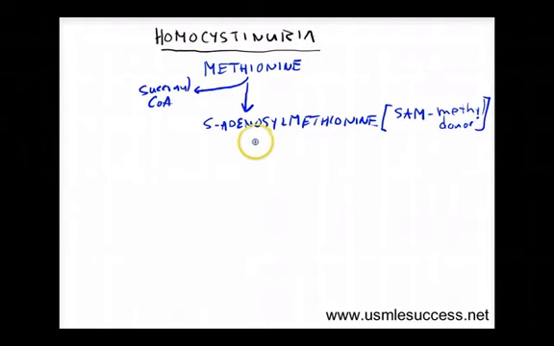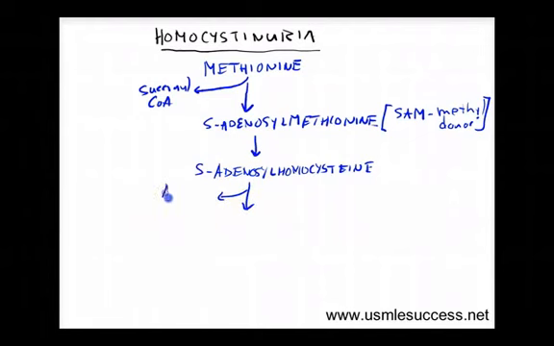Then from here, we're going to create S-adenosyl homocysteine. Then S-adenosyl homocysteine is going to be broken down into two products. We're going to make adenosine and we're going to make homocysteine.